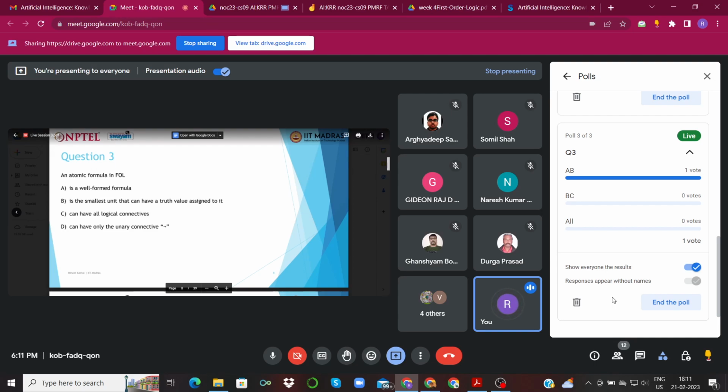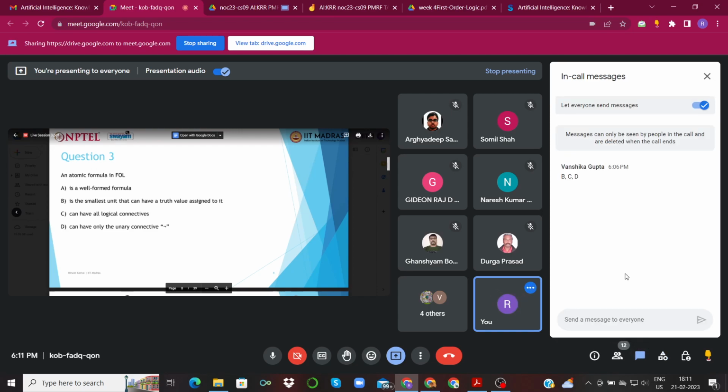Right, so we have one vote for options A and B. Does everyone agree with that, or are there any differing opinions as well? Okay, so I guess there are no differing opinions.